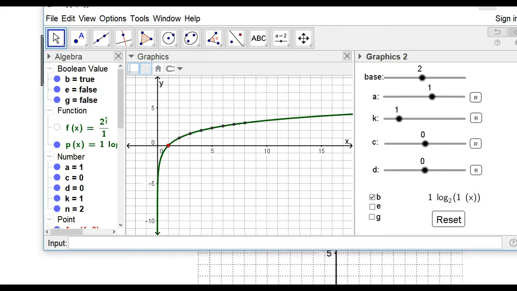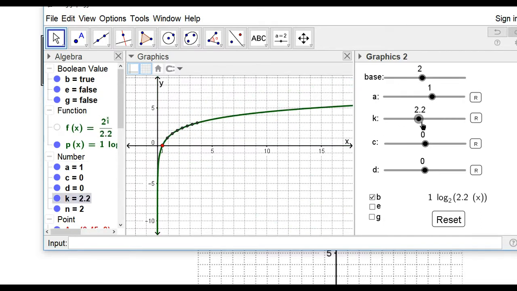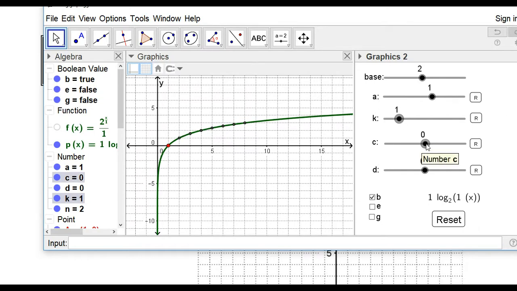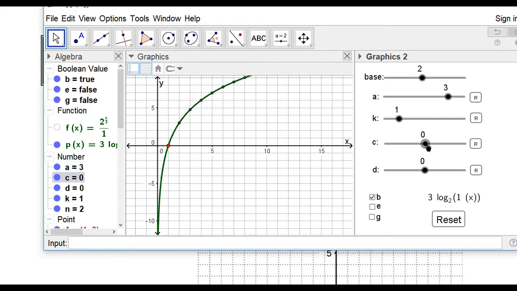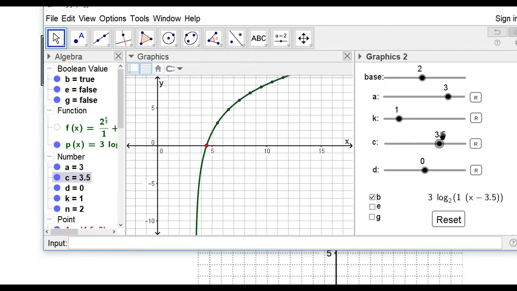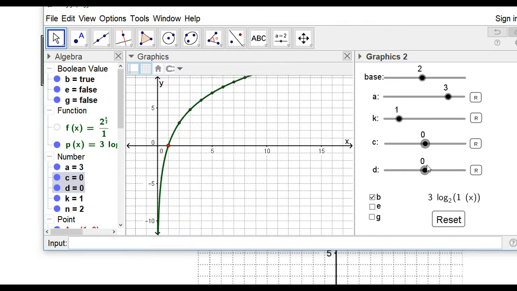So one thing I want to take a look at is this point. It's red for a reason. When I stretch, it doesn't move anywhere. When I do this stretch, it does move. That's not helpful. Even if I stretch it, the C value still just impacts its original location.